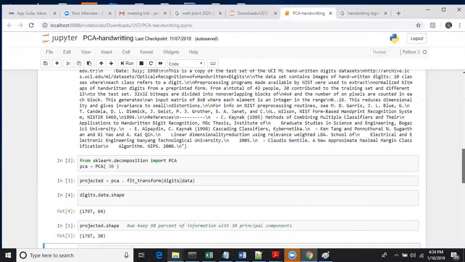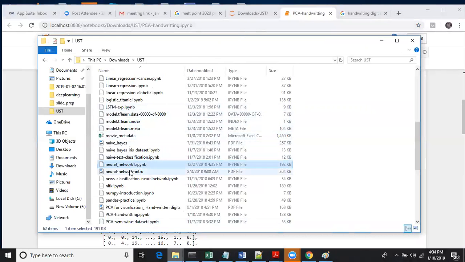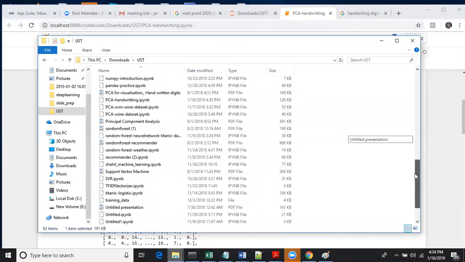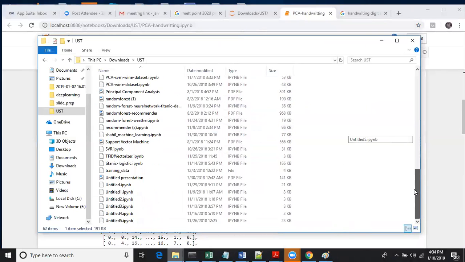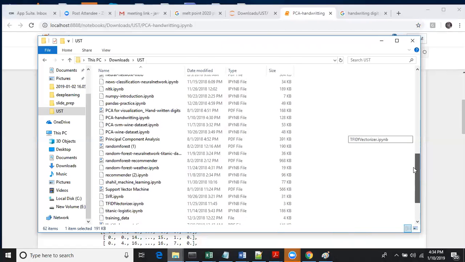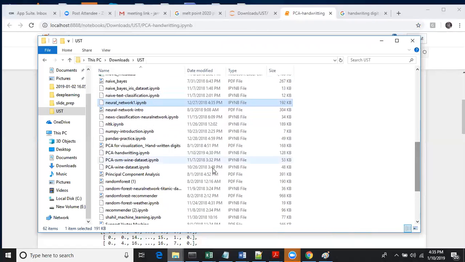I will show you where we have already transformed data. Generally we use PCA along with other algorithms.